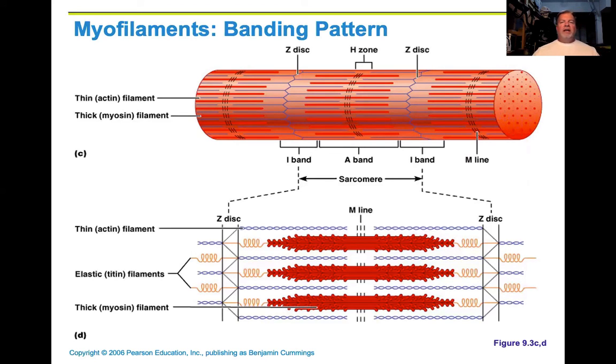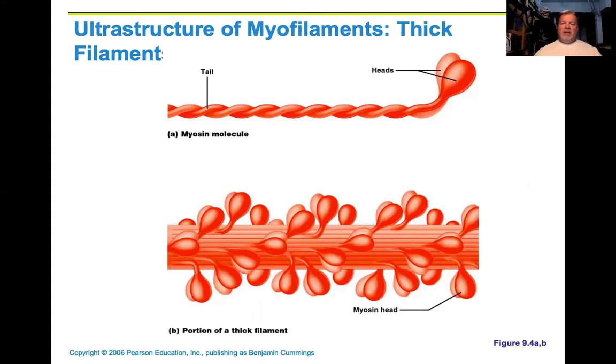So each myosin molecule, so each of these, there actually has a rod-like tail and two globular heads. To me, they look like you've taken a couple golf clubs and twisted the tails together. The tails are just an interwoven heavy polypeptide chain, and then those heads are two smaller light polypeptide chains, and these heads are called cross bridges.